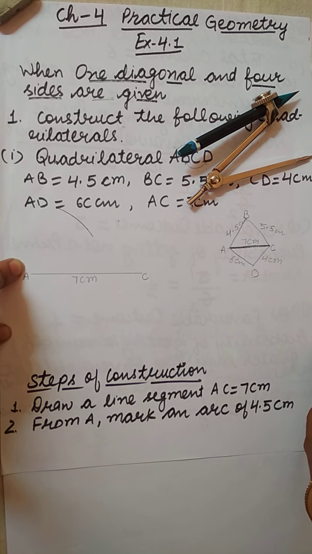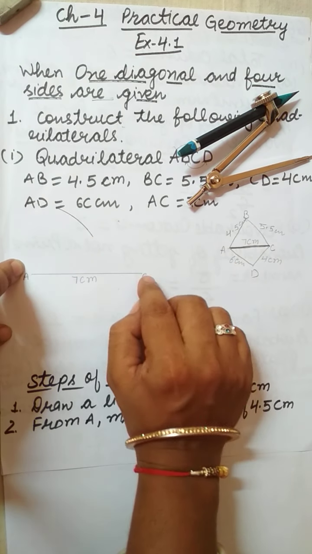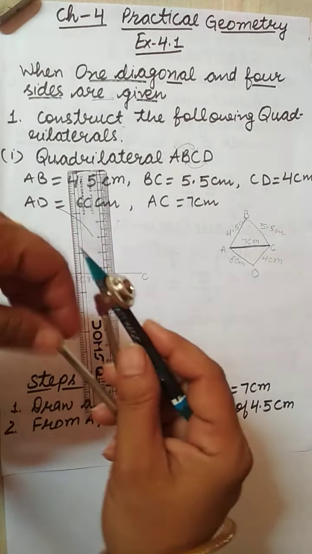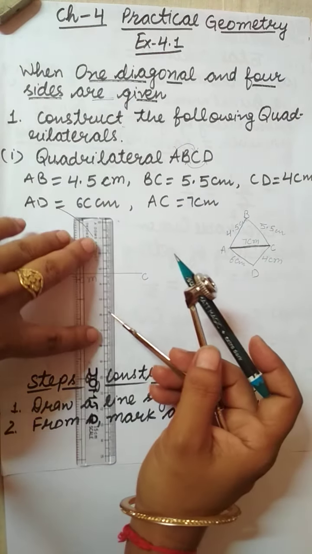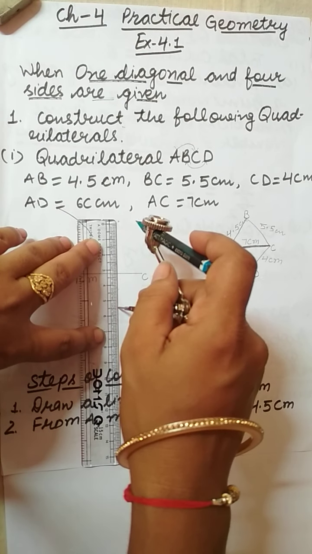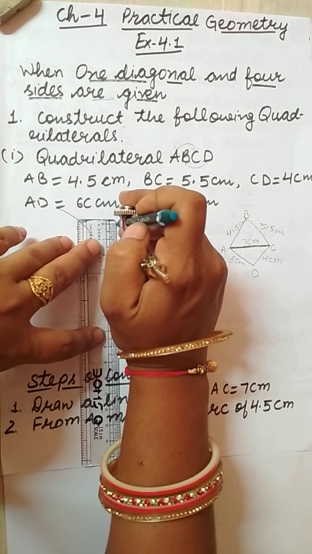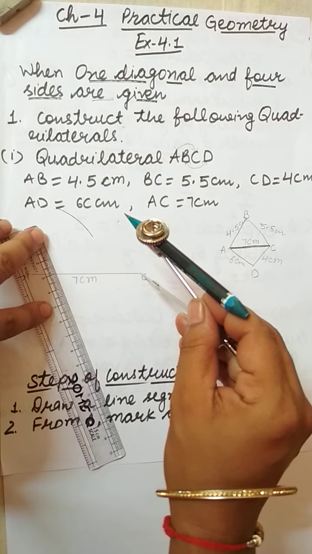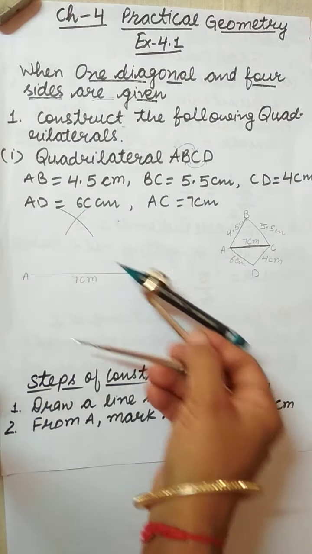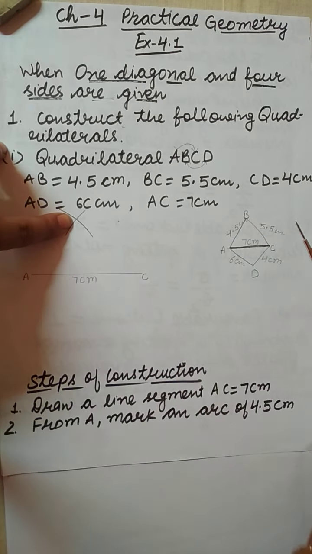Now secondly I have to mark the arc of 5.5 centimeter from C. Now I will open my compass equal to 5.5 centimeter and mark the arc. Now this arc cuts the previous arc at point B.